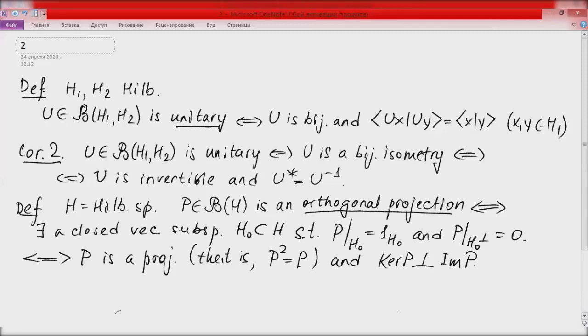This follows from the fact that H is decomposed in the direct sum of H0 and the orthogonal complement. So these two definitions of an orthogonal projection are equivalent.